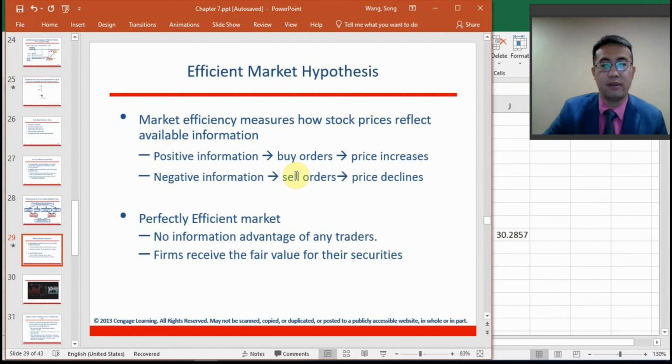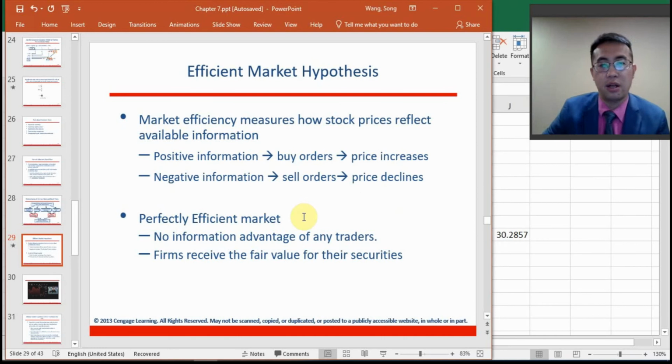If you have a positive information like good earnings for the year, then investors would buy the stock, so there would be a lot of buy orders in the market. The stock price would increase. If there is a negative information like financial scandal of the firm, then people would dump the stocks, sell them, and the price would decline. So that's pretty straightforward.